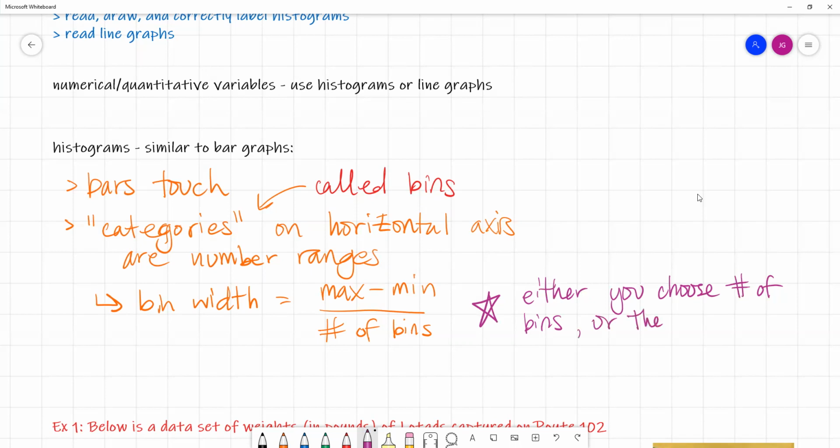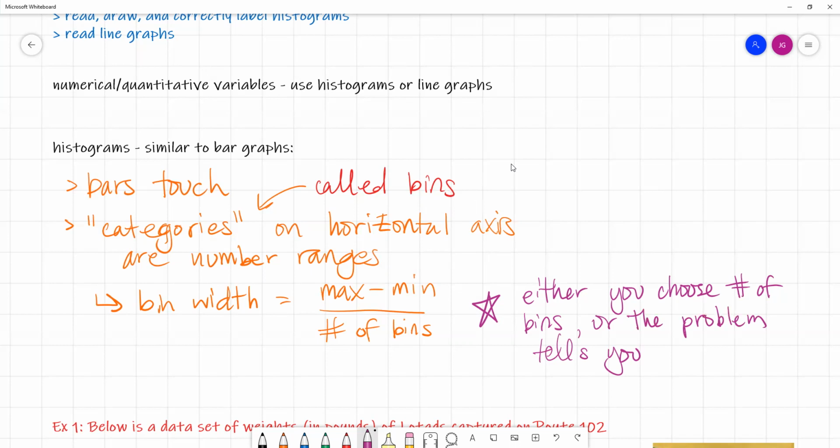Or the problem tells you, okay? And sometimes the problem even tells you the specific bins that they want, and you don't even have to find those ranges. Sometimes they're just given to you, okay? But either you choose the number of bins if they don't give it to you, or the problem will tell you either how many bins or what bins exactly to use, okay?